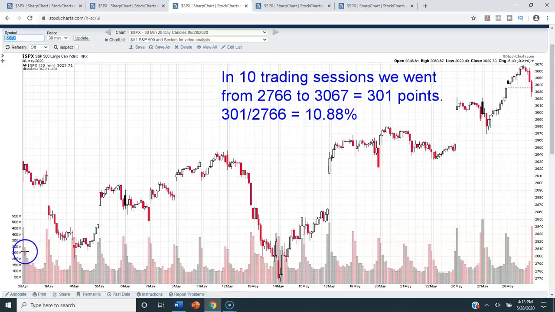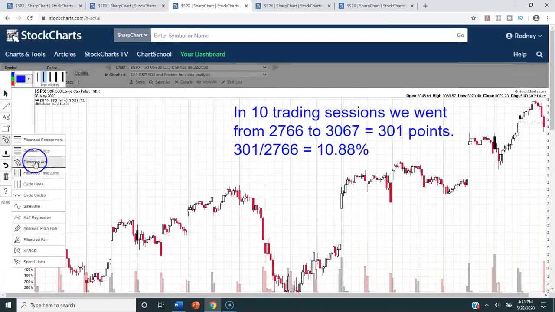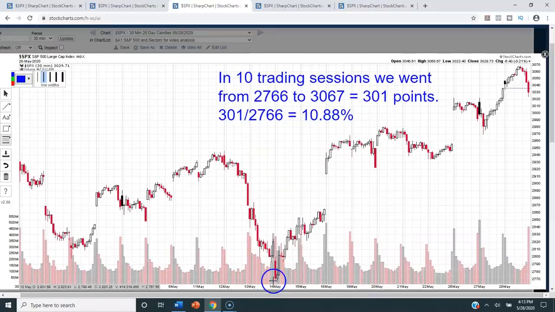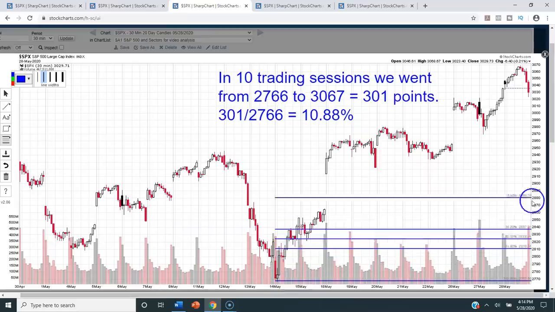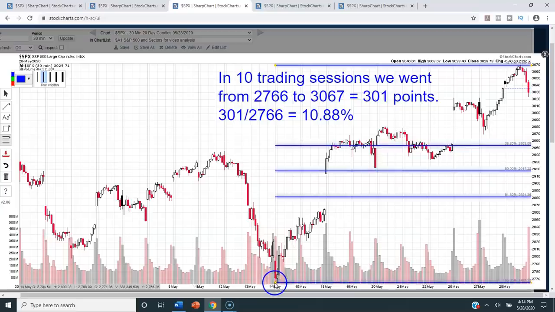So let's do some Fibonacci retracements here just on this move that we've had over the last 10 days. Let's just have a little fun with this really quick. And let's get an idea if we're going to pull back here. Let's get some realistic expectations set as to how far we might pull back using Fibonacci retracements on the last 10 days.